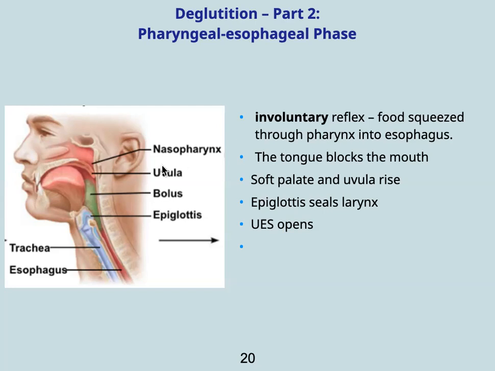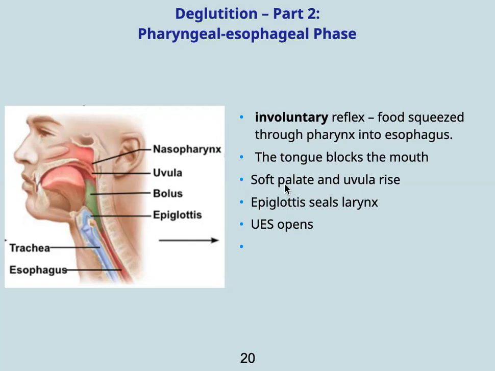So once your food passes the buccal phase and enters into the back of your throat, this part becomes involuntary. Okay, it's a reflex. And at this point in time, the tongue blocks off the mouth, preventing more food from also entering into that pharynx, along with the already existing bolus.